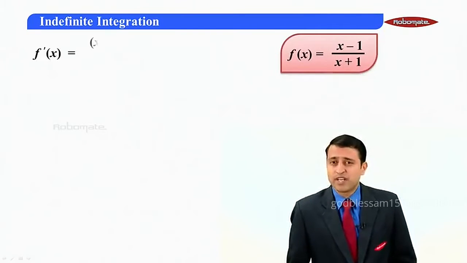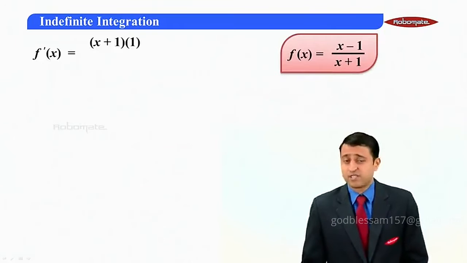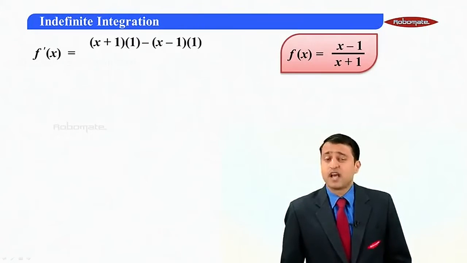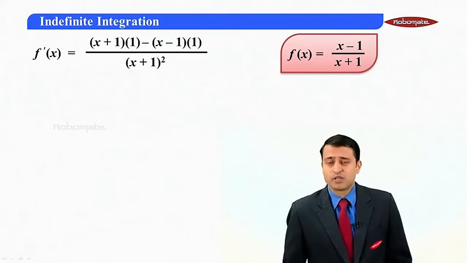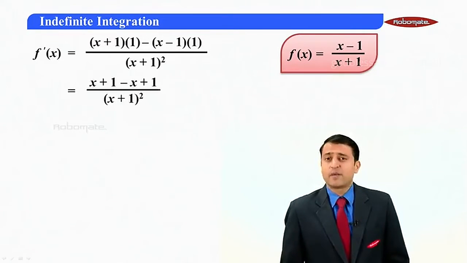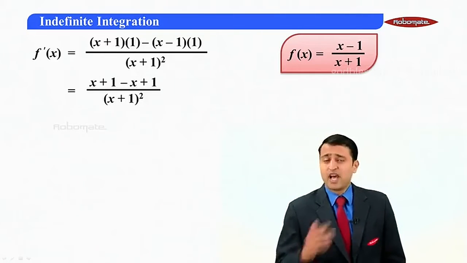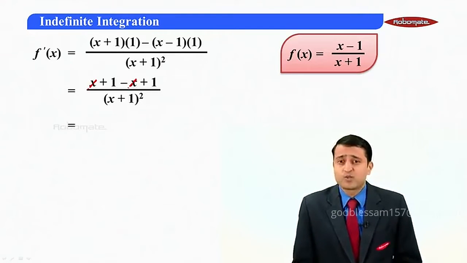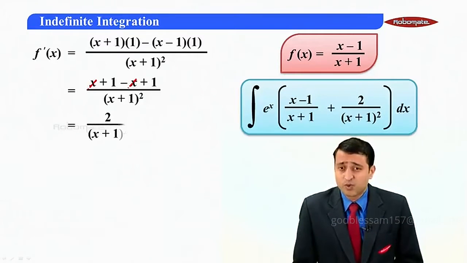It will be (x plus 1) into derivative of x minus 1, which is 1, minus (x minus 1) into derivative of x plus 1, which is again 1, divided by x plus 1 the whole square. So, that is nothing but (x plus 1 minus x plus 1) divided by x plus 1 the whole square. Now, the x in the numerator will get cancelled and what we get is 2 upon x plus 1 the whole square.